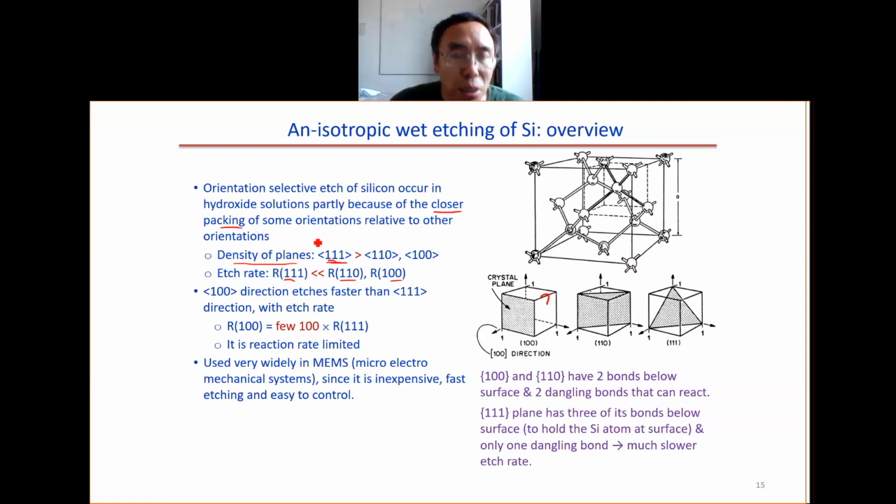So the etching rate is much slower than the other orientations. For example, it can be a few hundred times slower. This is very high selectivity. Another better explanation for the etching rate difference is the dangling bond. For the 111 plane, it is something like this.